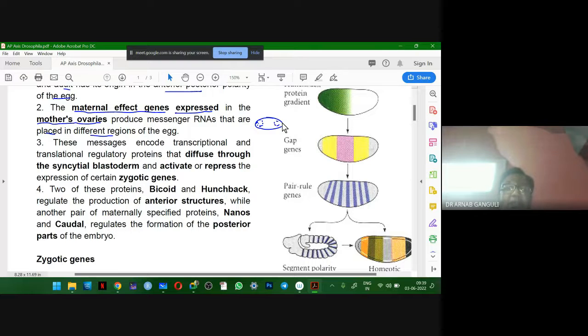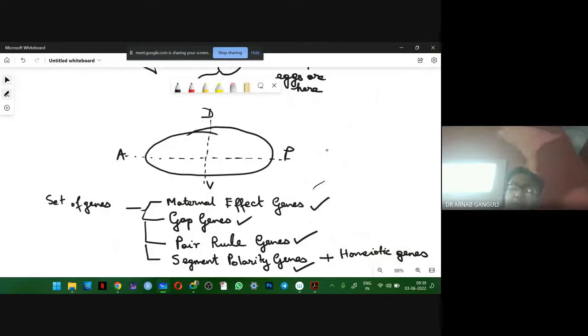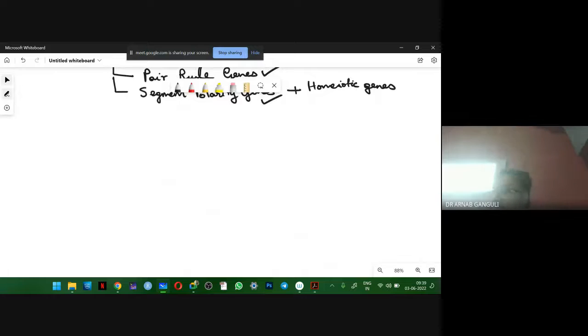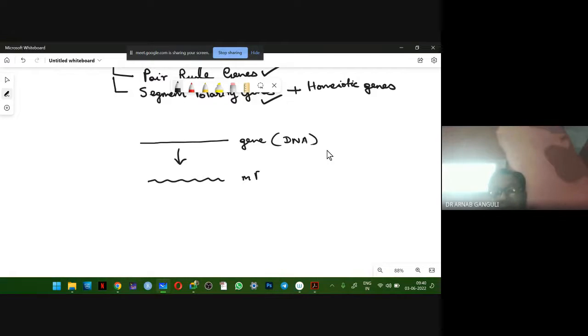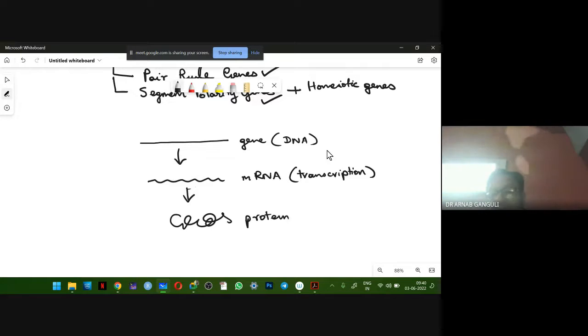Okay, and now these messages, you have read this before about the gene which is the DNA. They produce messenger RNA, central dogma, by the process of transcription, and they will produce the protein by way of translation.